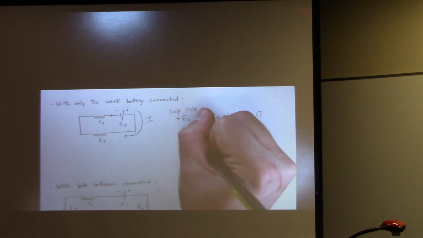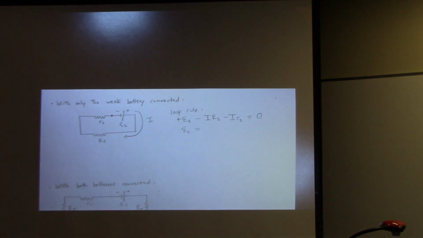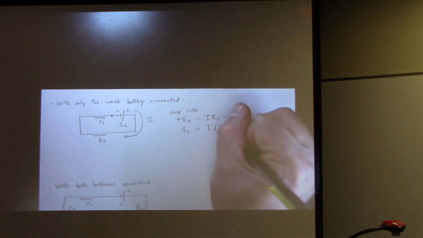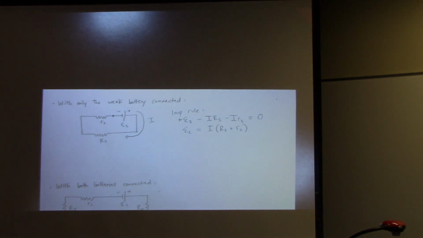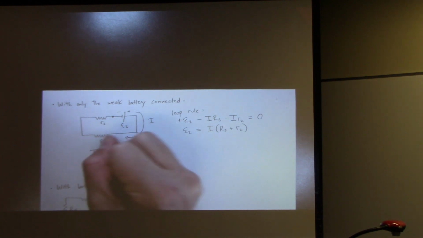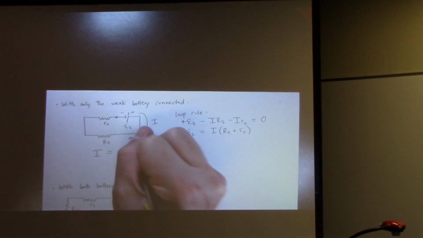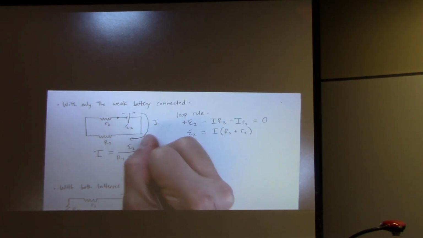So epsilon 2 can be equated with, if we take these two negative terms to the other side and add them, I times RS plus R2, just factoring out the common factor of I. So the current that we're looking for, just divide out this thing in parentheses, is epsilon 2 divided by RS plus R2.